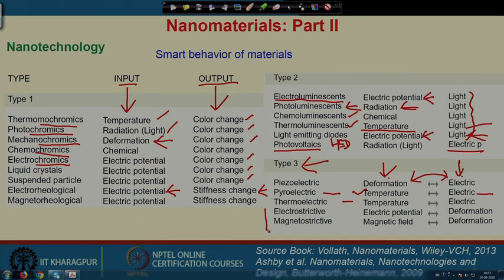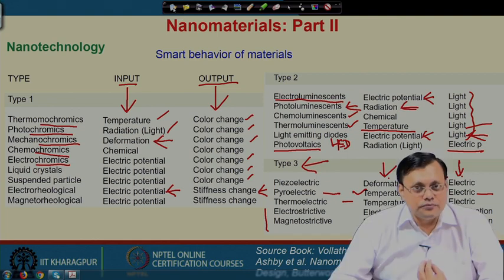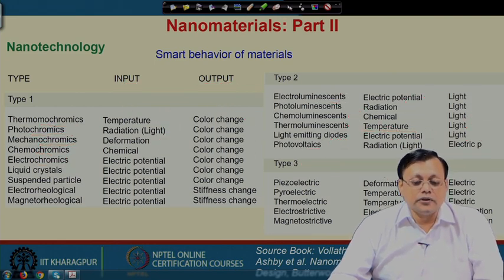These are the interchangeable properties where we apply electrical potential and get deformation, and they are very important. Now, the question comes: if we try to achieve such properties in nanomaterials, is there any change in their behavior?